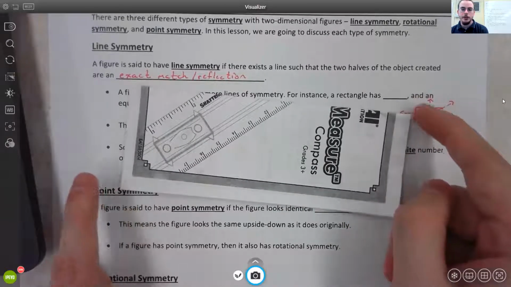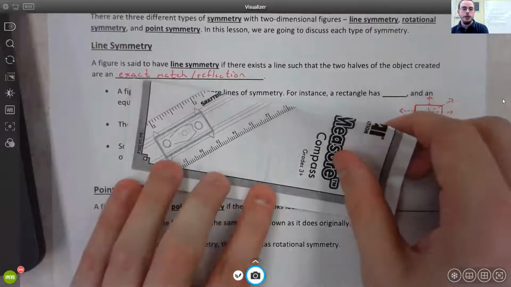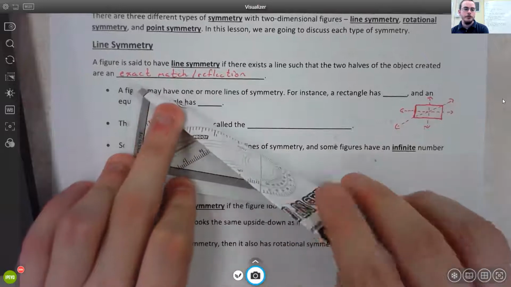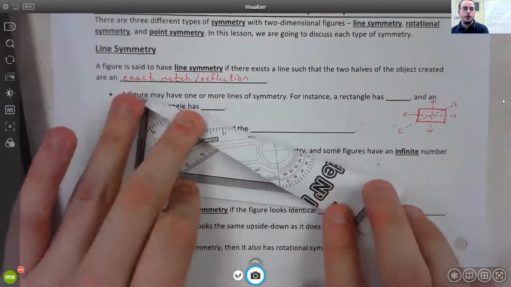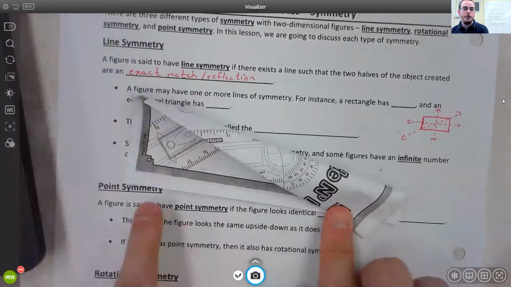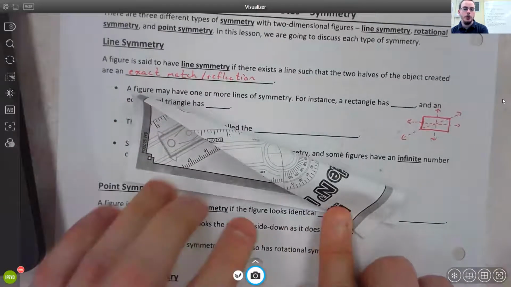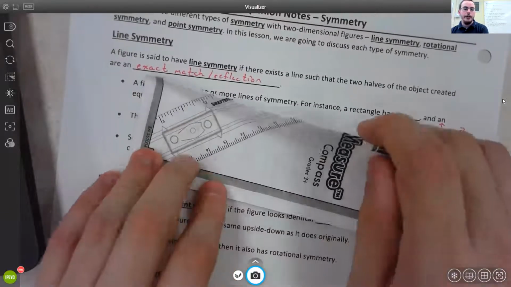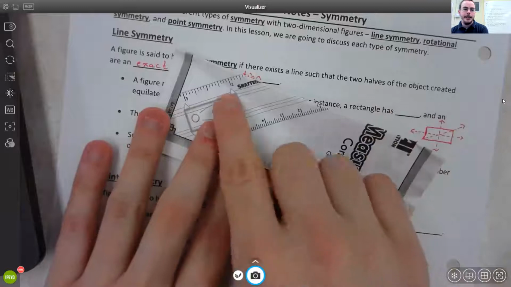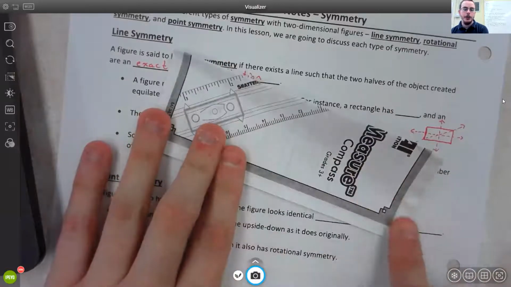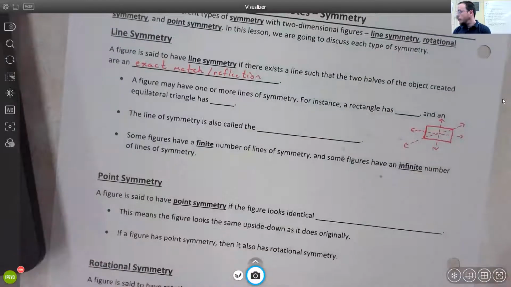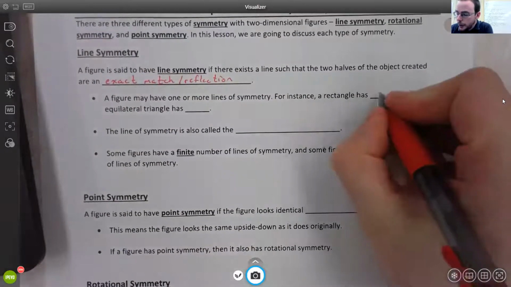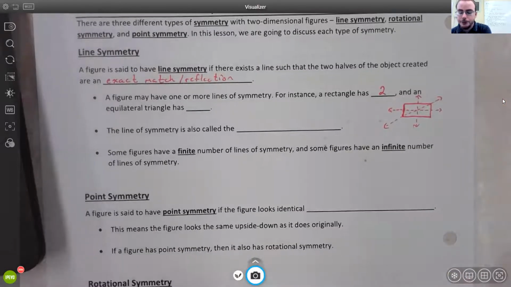If I try to fold it across the diagonal, like this, are those 2 ever going to meet up? This corner would have to meet up with this corner, but obviously this corner is going to be sticking over here. And there's not an exact match across that diagonal. So the diagonal for a rectangle does not work.